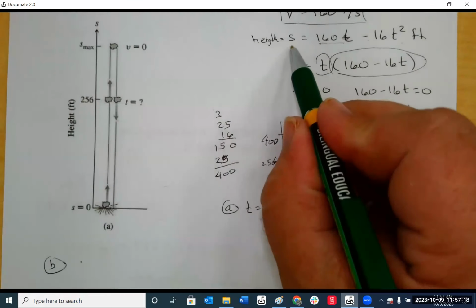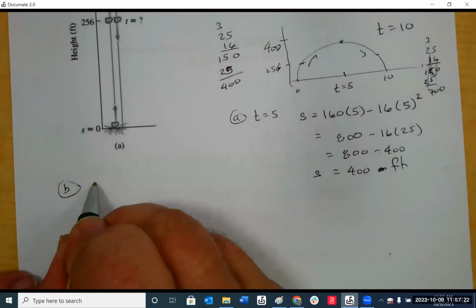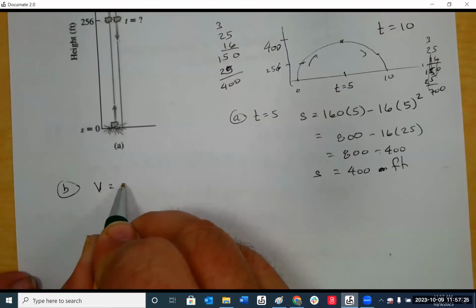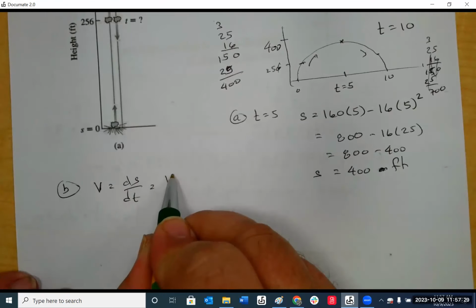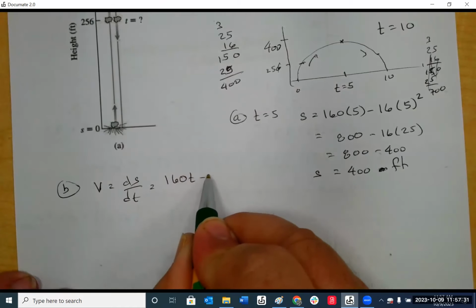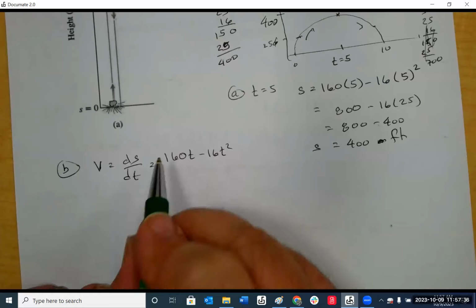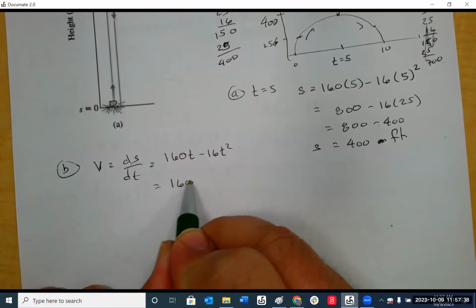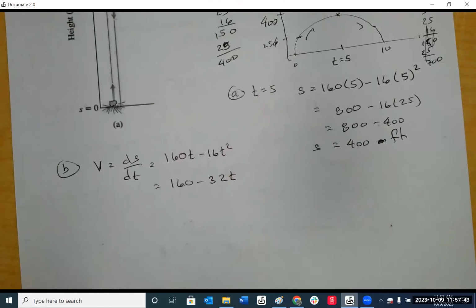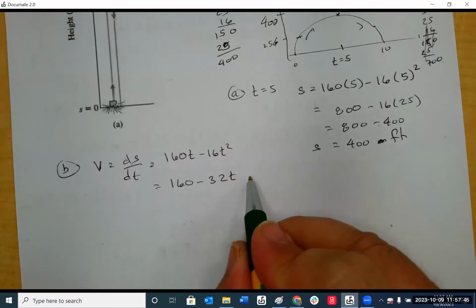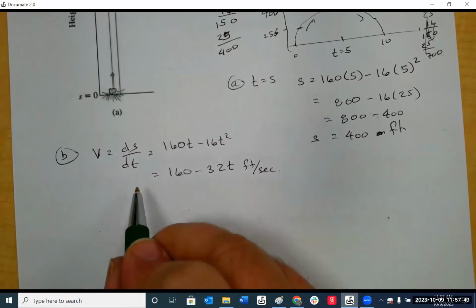So if we say the velocity is the derivative of s with respect to t, we have 160t minus 16t squared. Take the derivative of that, we get 160 minus 32t feet per second. That's our velocity.